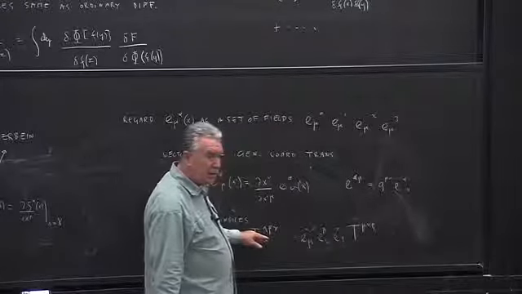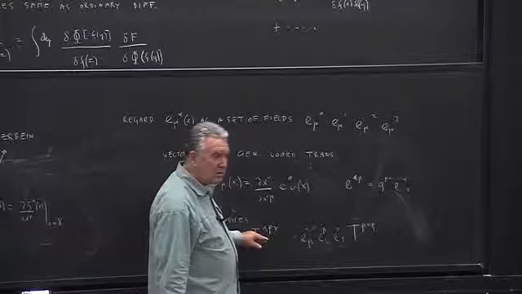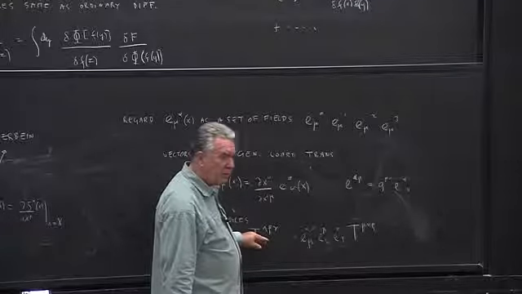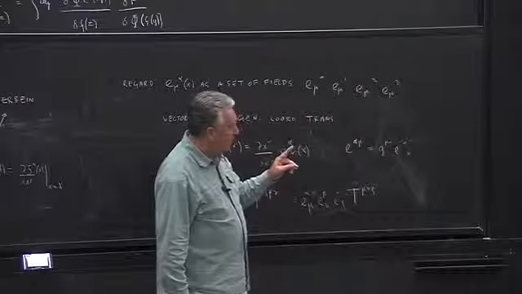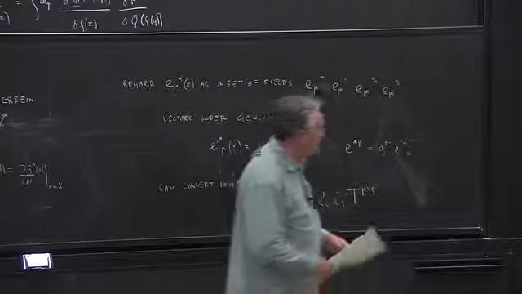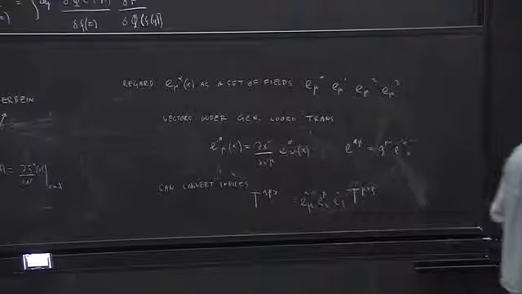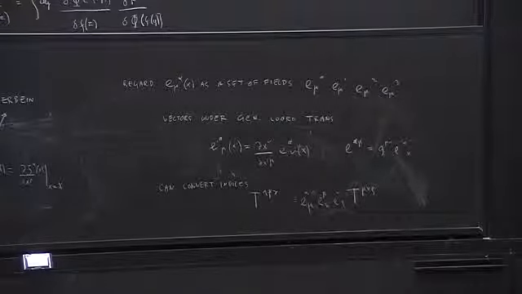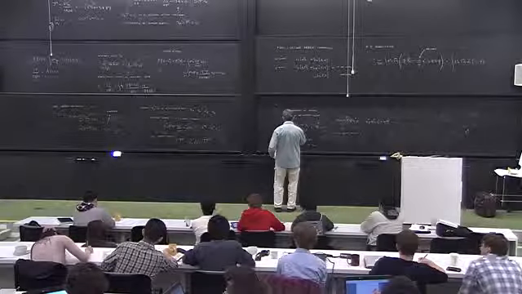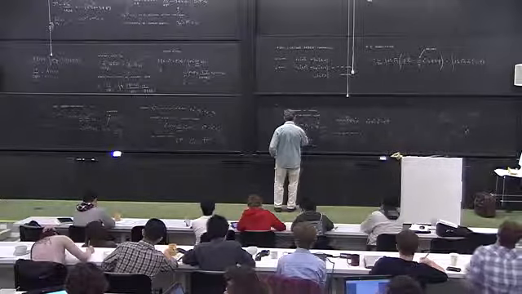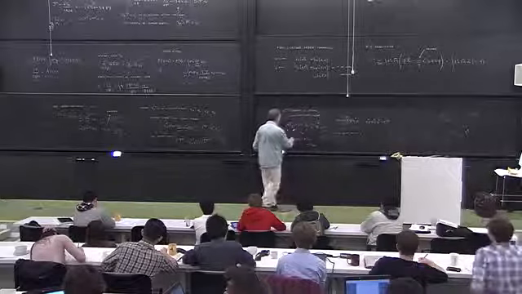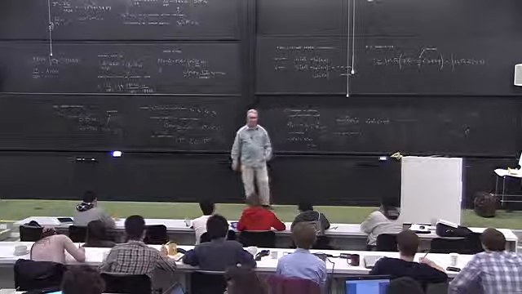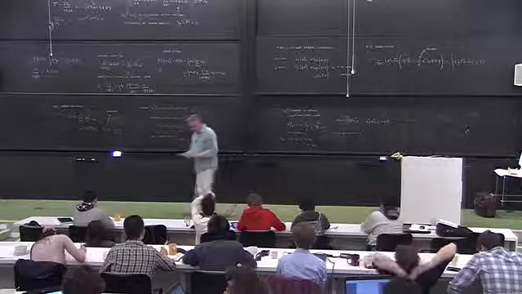I convert it into something which is a scalar under coordinate transformations, but transforms as a rank 3 tensor under what are called local Lorentz transformations. Local because they're different at different points in space-time.